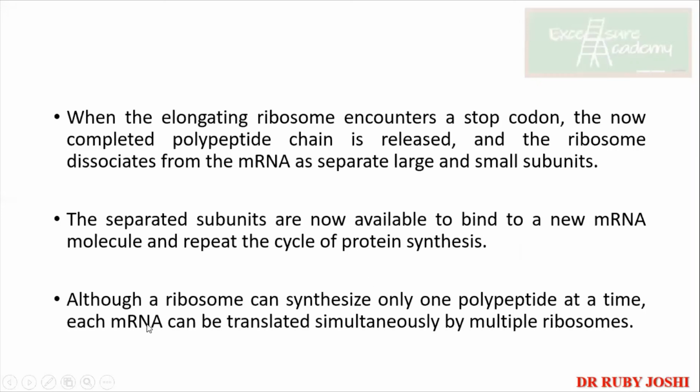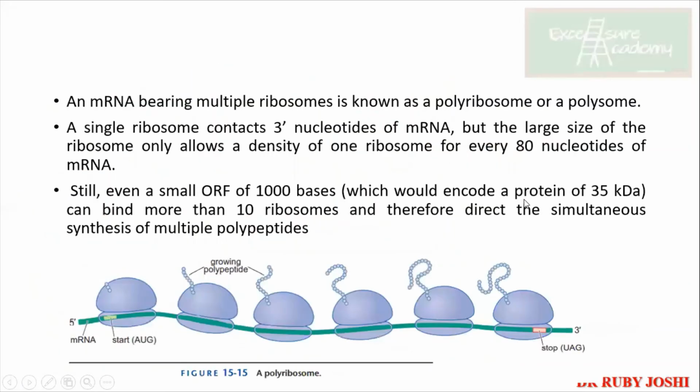Now although a ribosome can synthesize only one polypeptide at a time, the same mRNA can be translated simultaneously by multiple ribosomes. I have the figure, I guess. Yes, you can see the mRNA is over here and one ribosome reads and moves ahead, and behind it you can have so many other ribosomes attached.